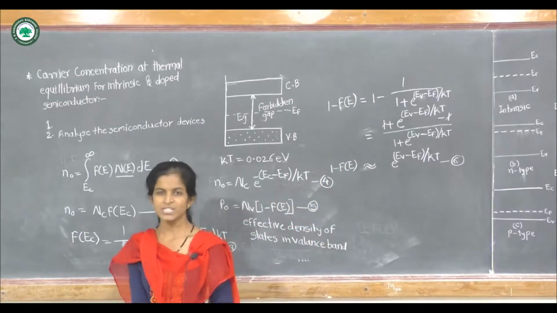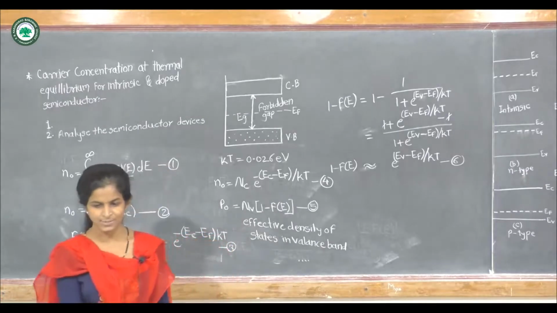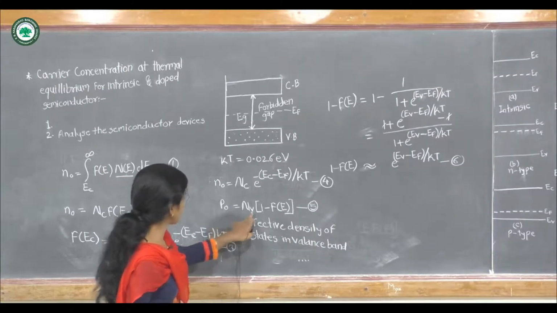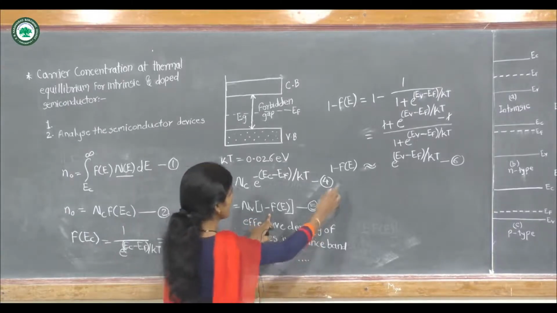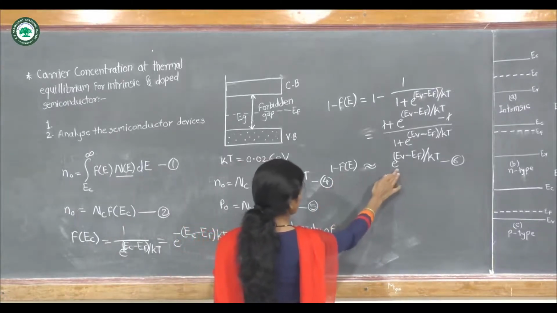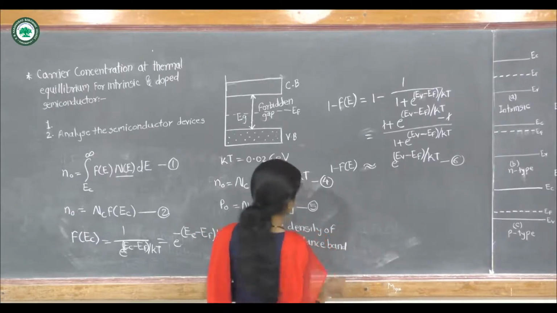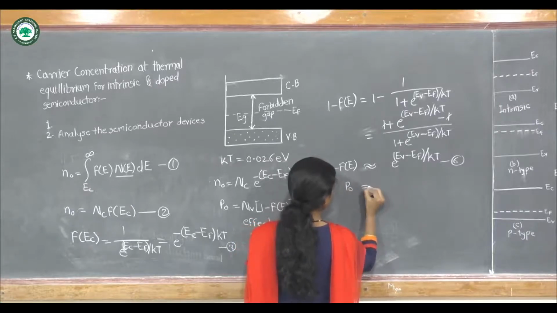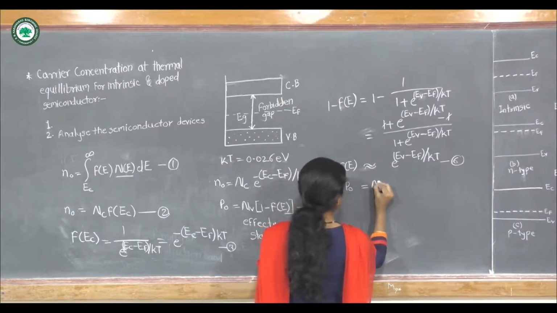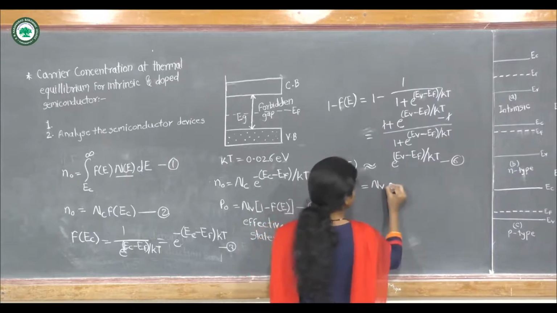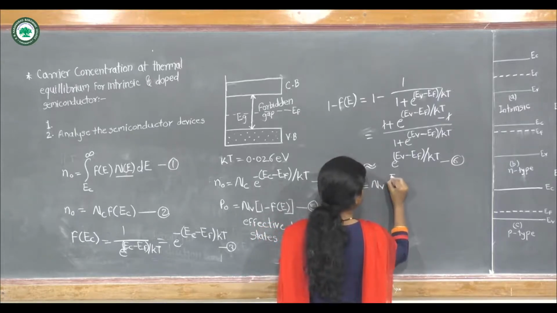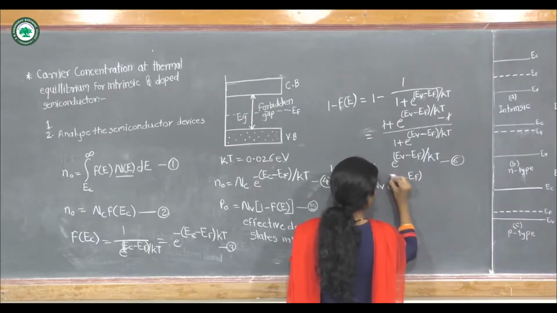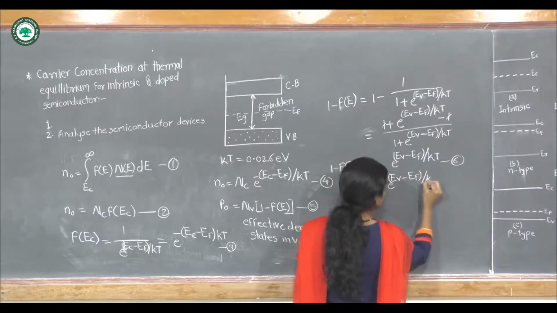So the concentration of holes in valence band is given by equation number 5, which is Nv into 1 minus f of E, and we have 1 minus f of E equal to e raised to (Ev minus Ef) by kT. So the concentration of holes in valence band is given by P0 equal to Nv into e raised to (Ev minus Ef) upon kT.